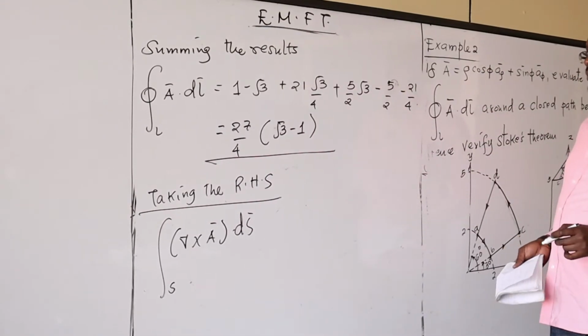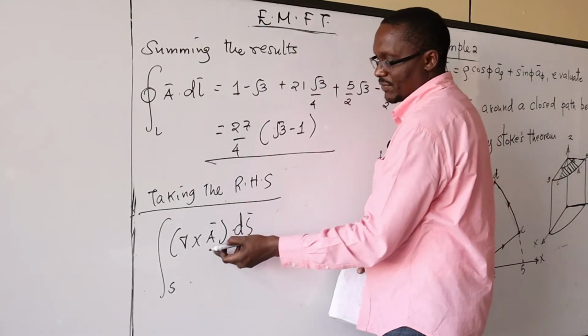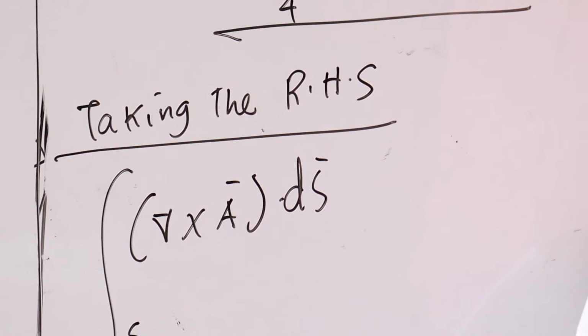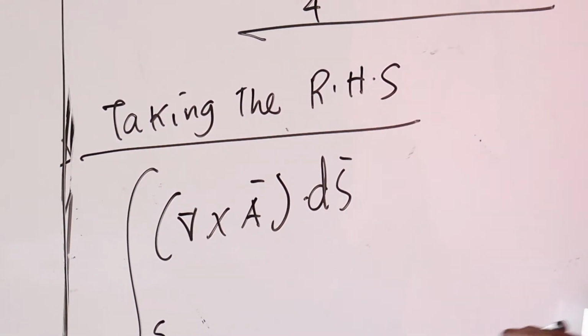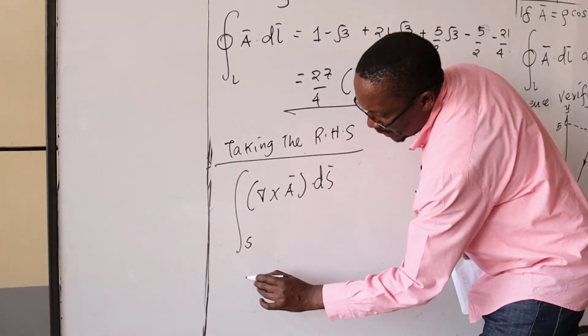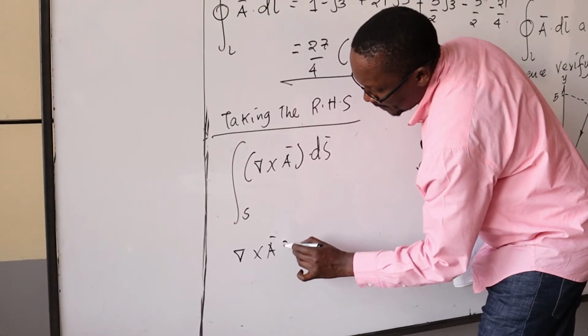Now here it's very important first, before trying to implement this value, let us find what is here. What is the curl of A? So now we can see here that curl A, or del cross A bar.